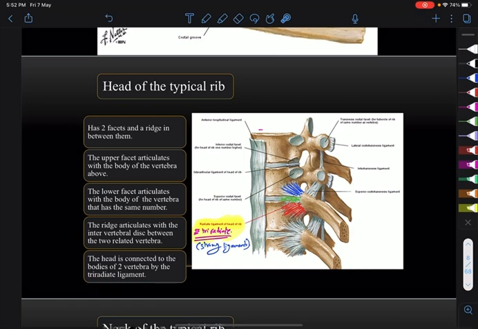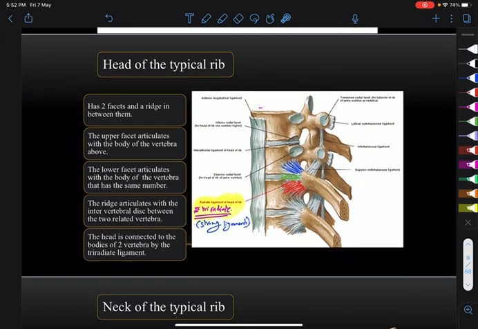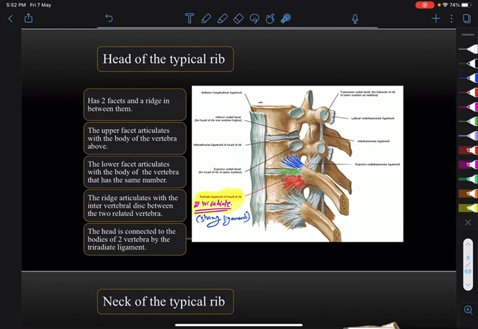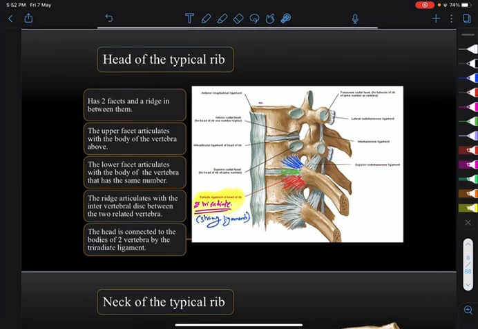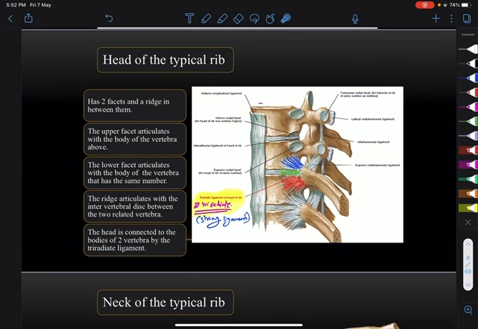Tri means three parts of ligaments, all of them a strong combination. The tri-radiate ligaments maintain the articulation between the posterior end, the head of the typical rib, with the intervertebral disc and the thoracic vertebra.